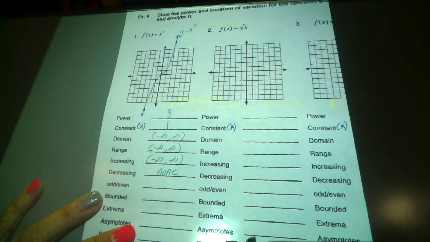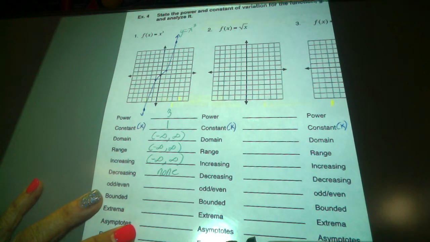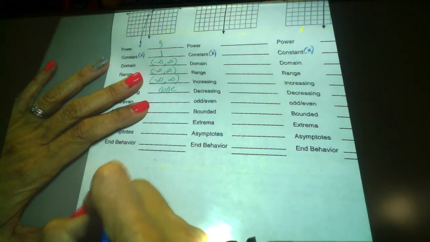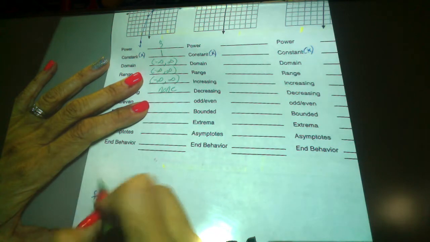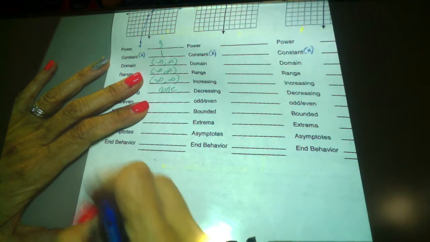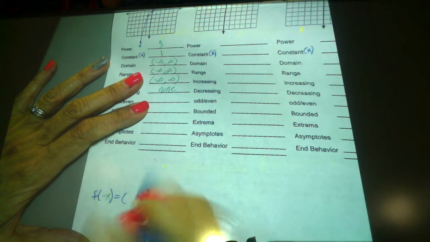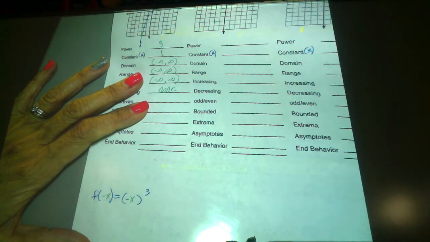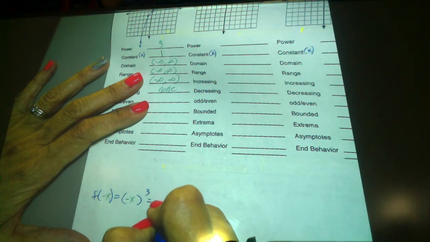Odd or even. There's 2 ways you can figure it out. Take your original function, and I'm going to go down below here, and I'm going to take f of negative x, so I'm going to plug in a negative x into the function, and instead of x cubed, I'm replacing x with a negative x. What's negative x cubed?